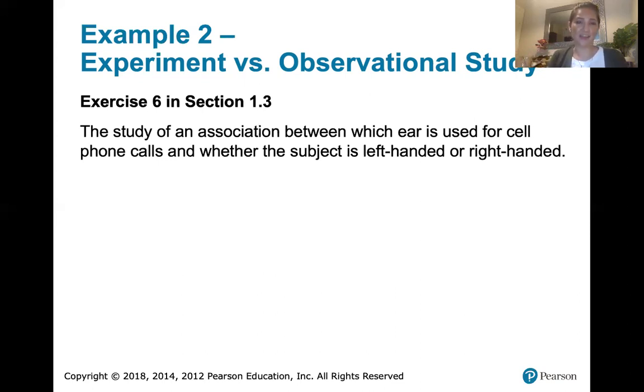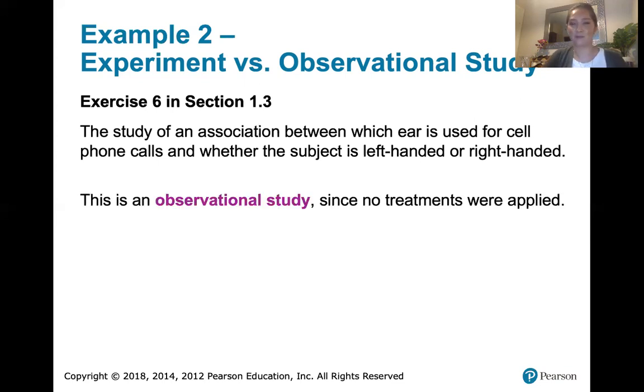No, we're not doing that. Are we assigning people to the left-handed group or assigning people to the right-handed group? No, I mean, they were born left-handed or right-handed. So we're not actually treating anyone with anything. We're just observing how left-handed people and right-handed people answer the phone. Since we're just observing, this is an observational study.